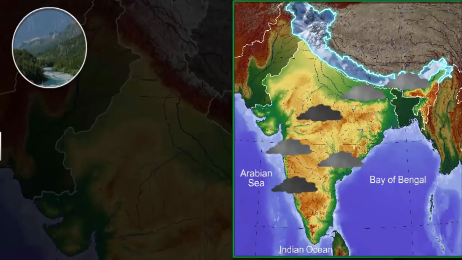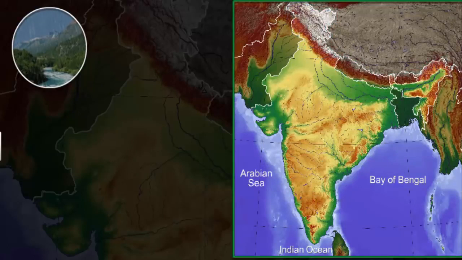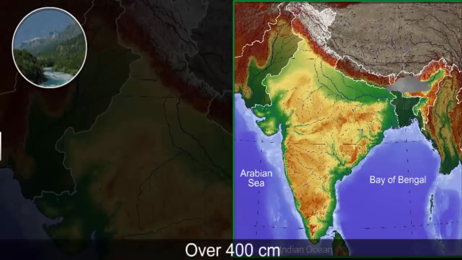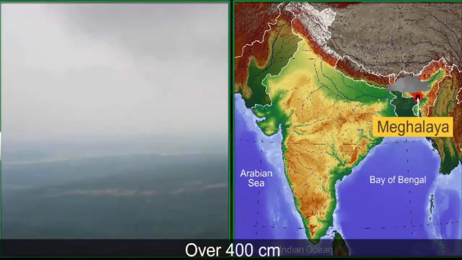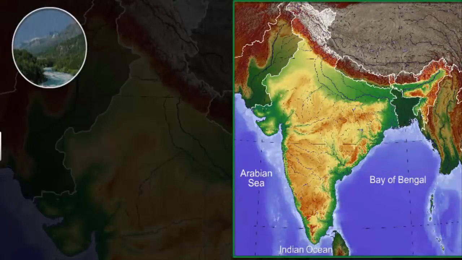Annually, precipitation varies from over 400 centimeters in Meghalaya to less than 10 centimeters in Ladakh and western Rajasthan.